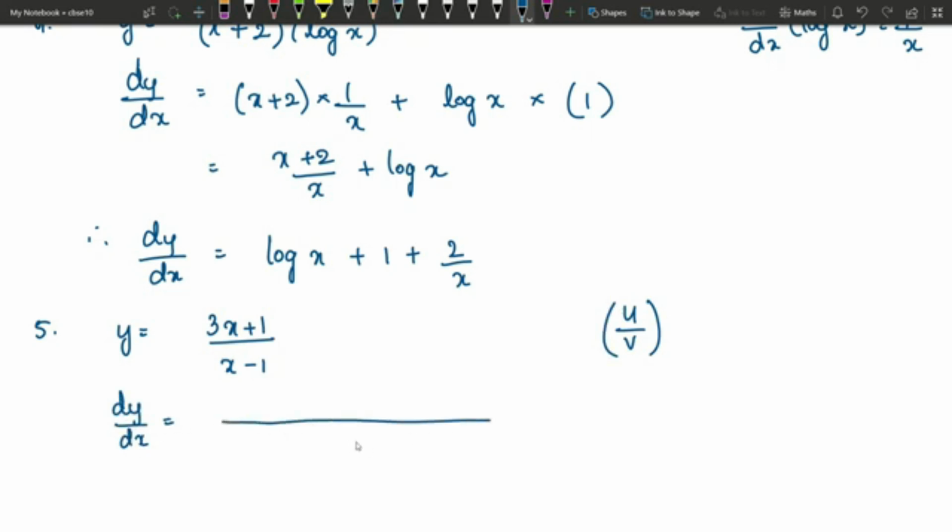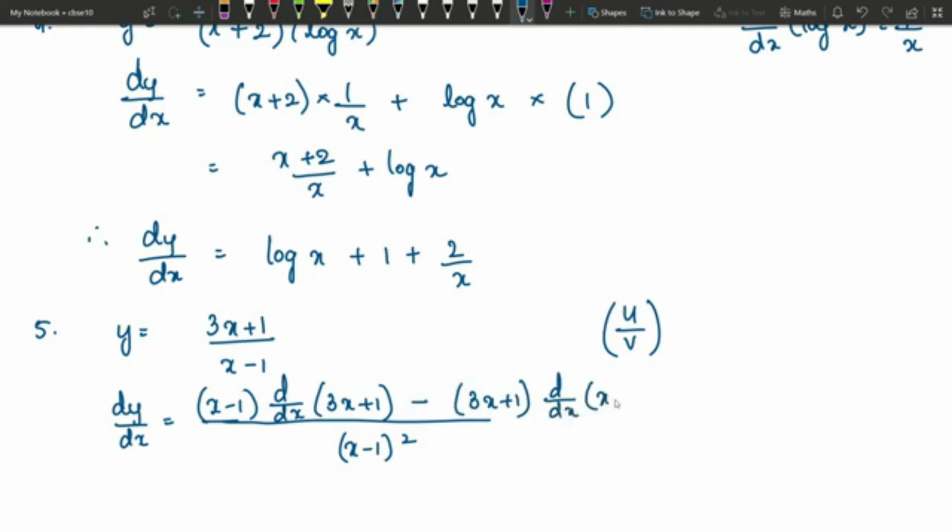We first write the denominator square, then here you write the denominator into the derivative of the numerator, minus the numerator into the derivative of the denominator.